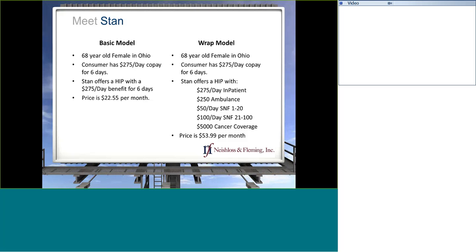Stan offers a hospital indemnity plan with not just the $275 per day inpatient, but also some additional riders: $250 towards ambulance, $50 per day the first 20 days in a skilled nursing facility, $100 per day, days 21 through 100, as well as $5,000 of first occurrence cancer coverage. And the price on that product would be $53.99 per month. So 2 different models, 2 different approaches, giving the consumer the ability to determine what is and is not necessary in terms of what their priorities are.